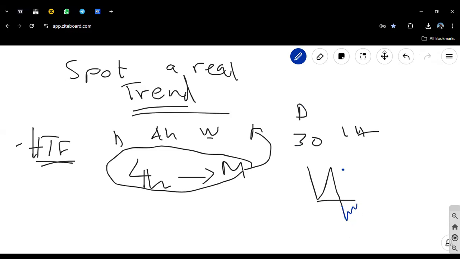Okay, so in the 1 hour you can find it is uptrend, but in the daily you can find it is downtrend. Okay, you're going to be confused here, but the real trend is from the higher time frame, and the higher time frame is from the 4-hour to the monthly time frame.